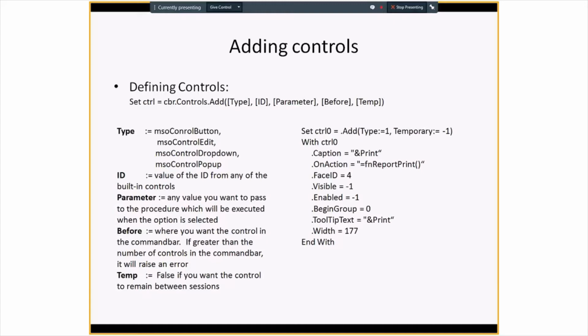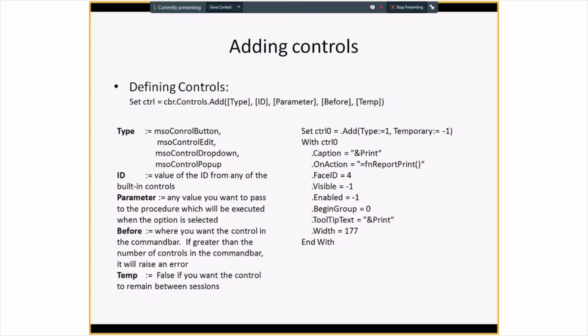But if you have that ID value, you can use one of the built-in controls that Access uses, and it'll come with its picture, and it'll have the same functionality that is built into that Access application, and you won't have to define a function for that.